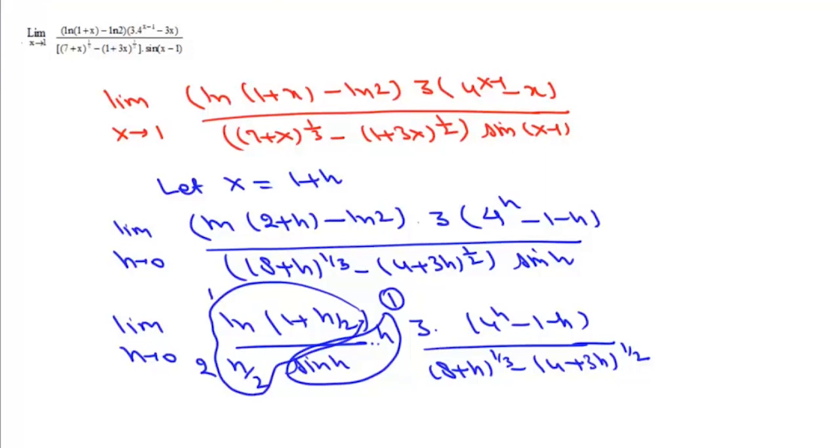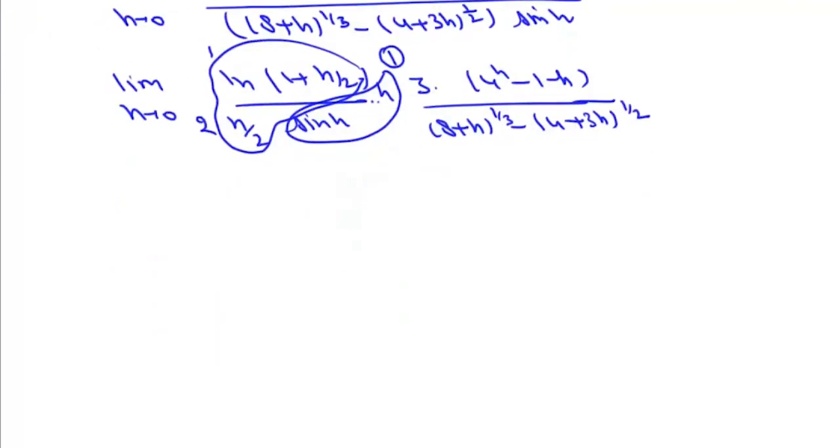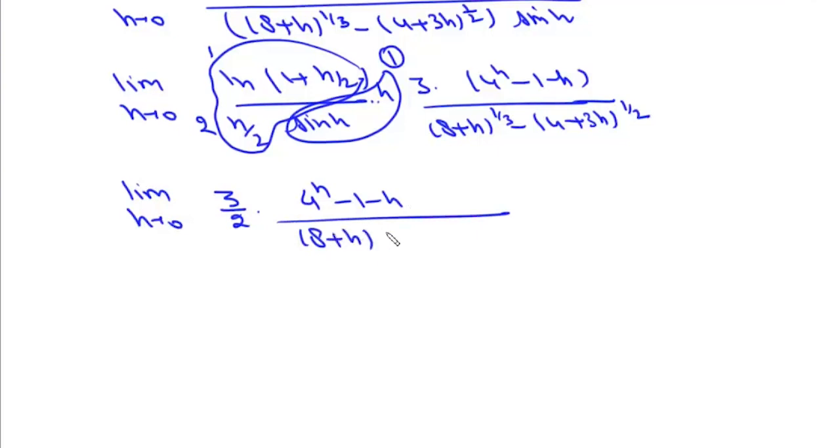So now we are left with limit h tends to 0, 3/2, and then it is (4^h − 1 − h) upon ((8 + h)^(1/3) − (4 + 3h)^(1/2)). And if we put h as 0, it is 0 upon 0 form. And once it is 0 upon 0 form, we use L'Hopital's rule.